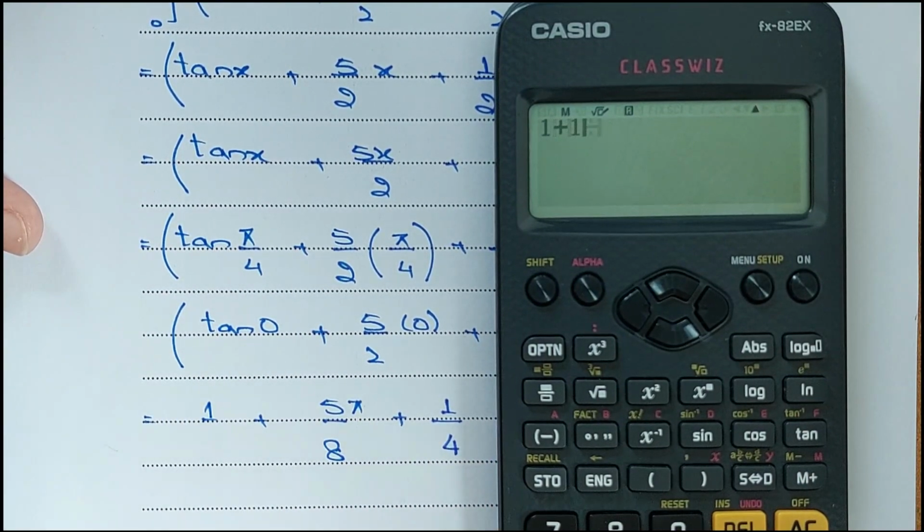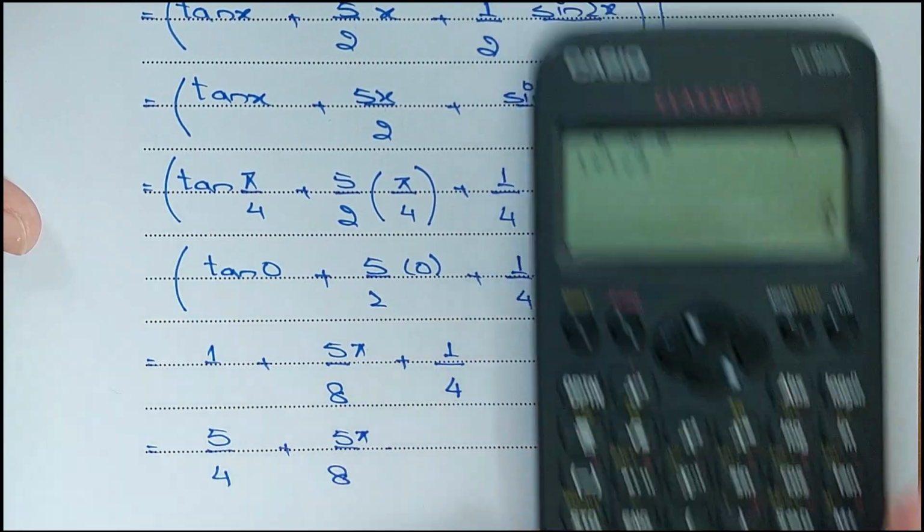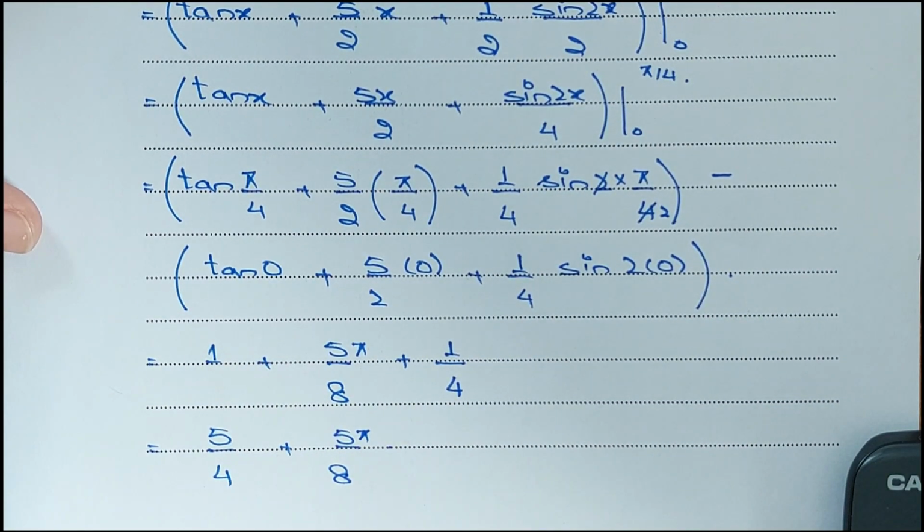So 1 plus 1 by 4 is 5 by 4, and 5 pi by 8 is the exact value of this integral.